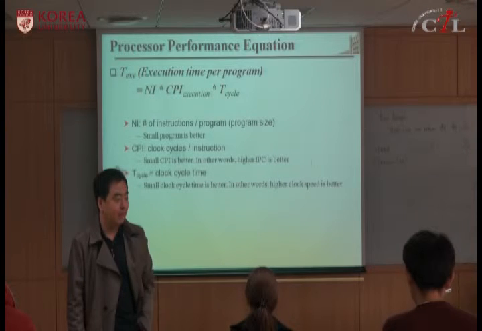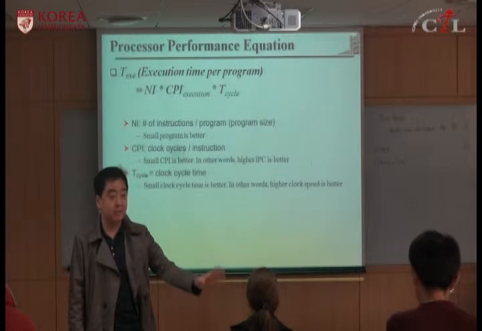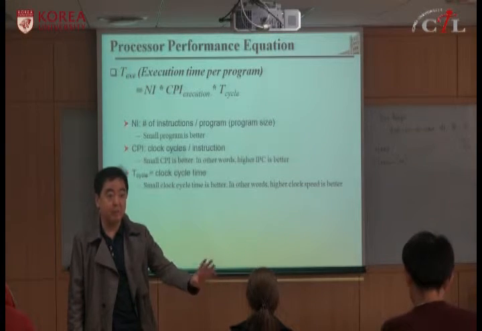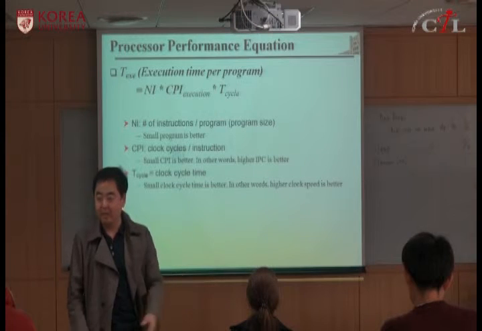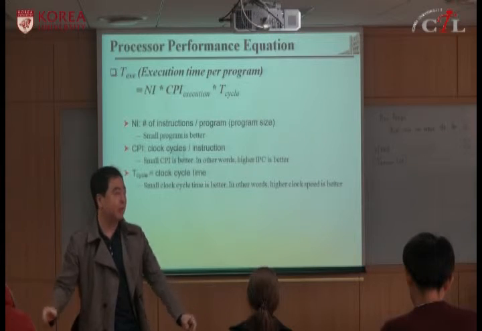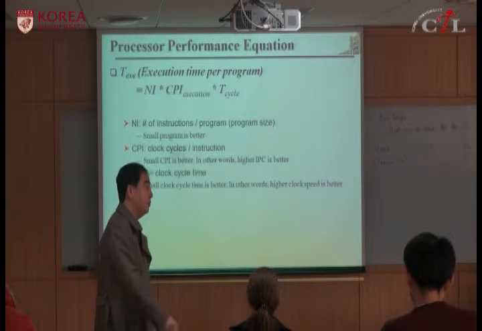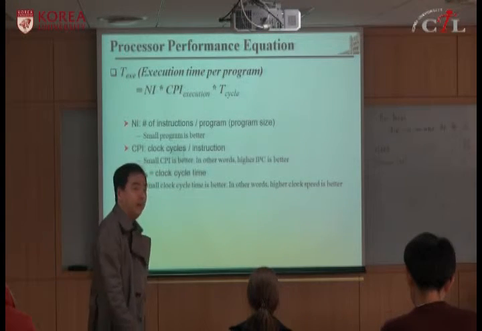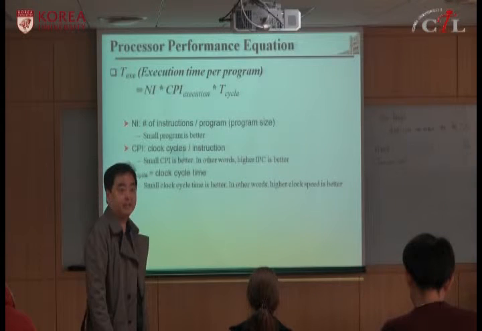Alpha processor is a RISC processor, 1 gigahertz, maybe 4 issue. This one, i7, 4 issue. Both of them are 1 gigahertz, same clock speed. Which one is better? Alpha or Intel x86?